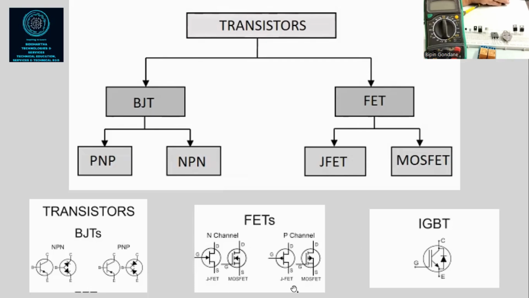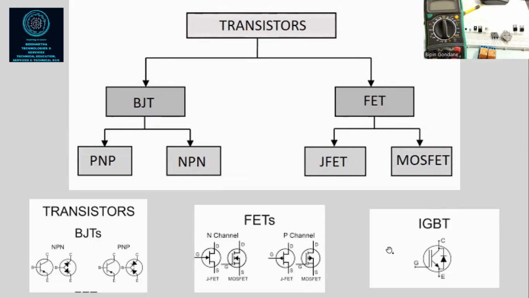And IGBT, what is the difference between IGBT and FET or BJT? That also you should get. So the schematic diagram or the symbol of the transistor of different families, you should be able to recognize and draw properly.